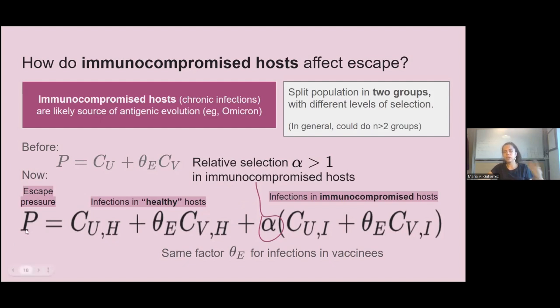And again, I want to study the effect of vaccine, so I'm still splitting the population in the 2 groups, vaccinated and unvaccinated. That's why I have 4 groups there. And I still have the theta E parameter there for infections in the vaccinated in both groups. But the key thing here is alpha, which is weighting infections in the immunocompromised.